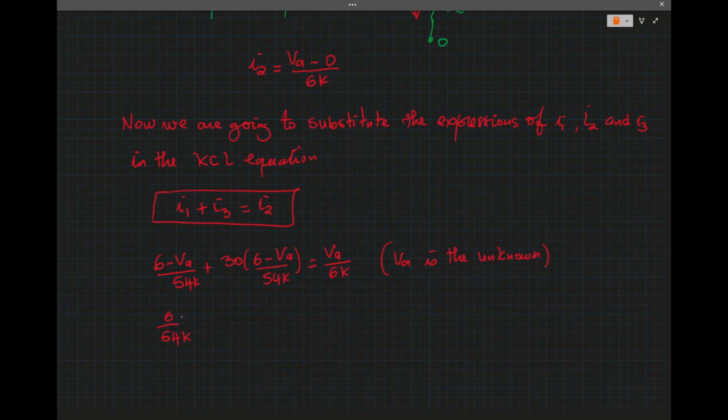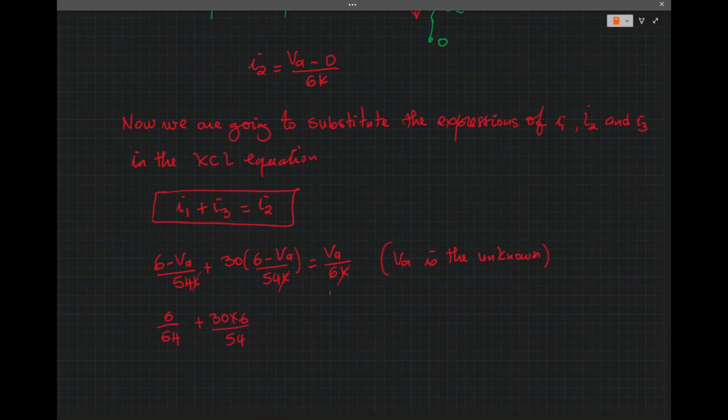So 6 over 54K plus 30 times 6 over 54K. Well, if you agree with me, because we're dividing by kilo ohms everywhere, we can just simplify the kilo ohm, right?